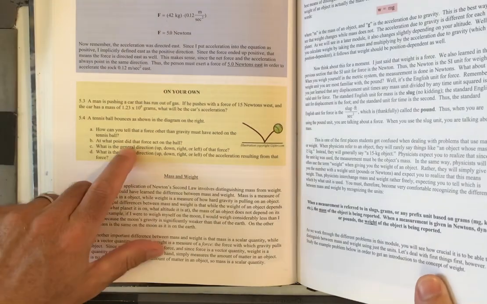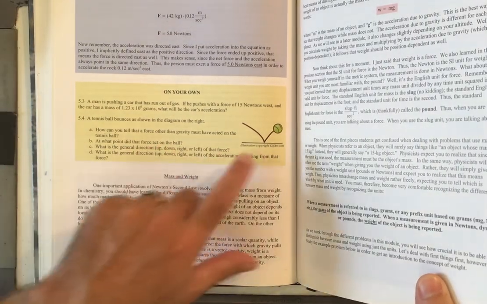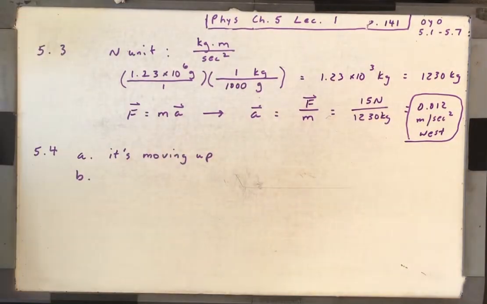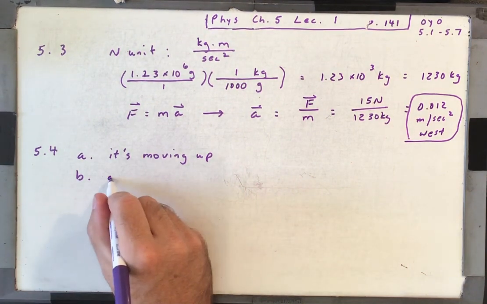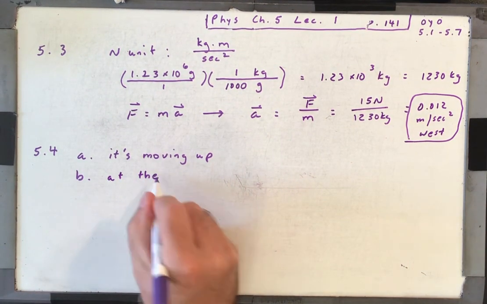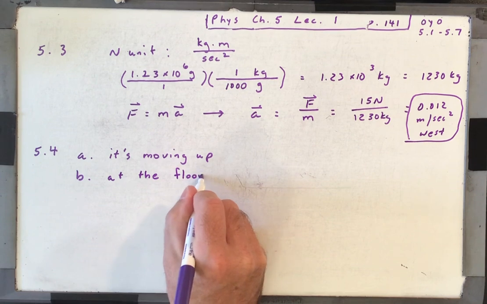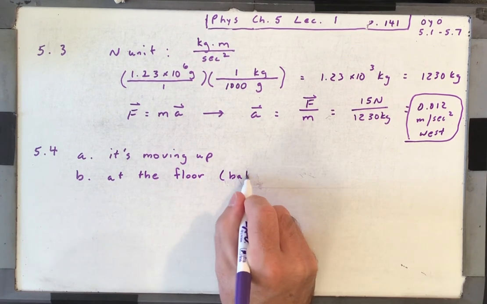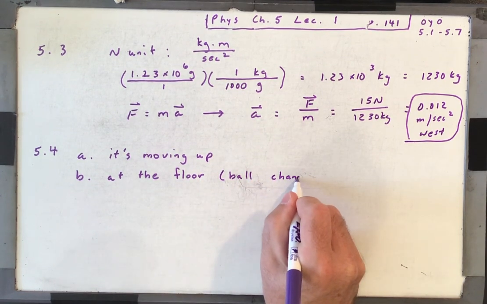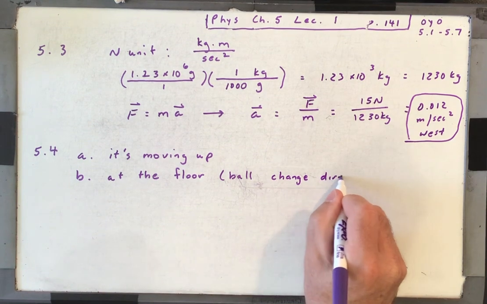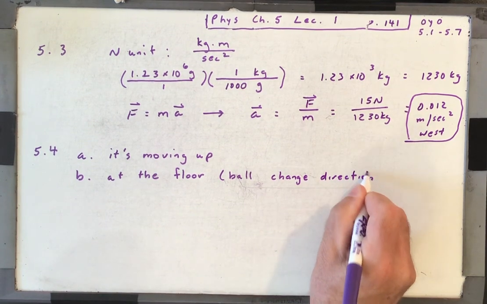All right, part B of this question is, at what point did the force act on the ball? Well, at the floor, or the ground. That's where it changed directions, didn't it? So that's where the force acted.